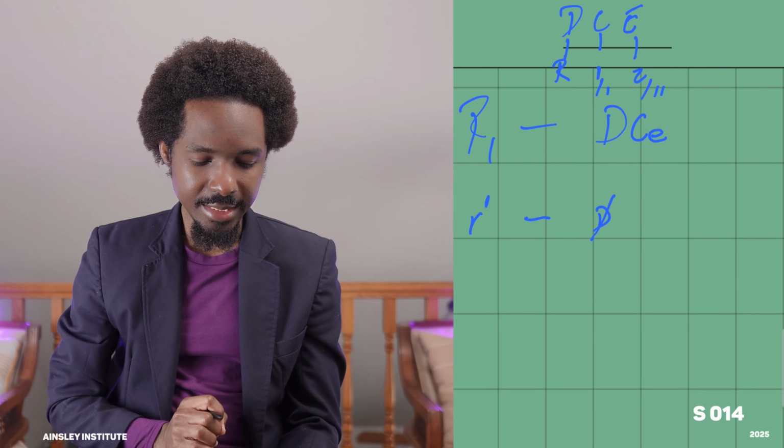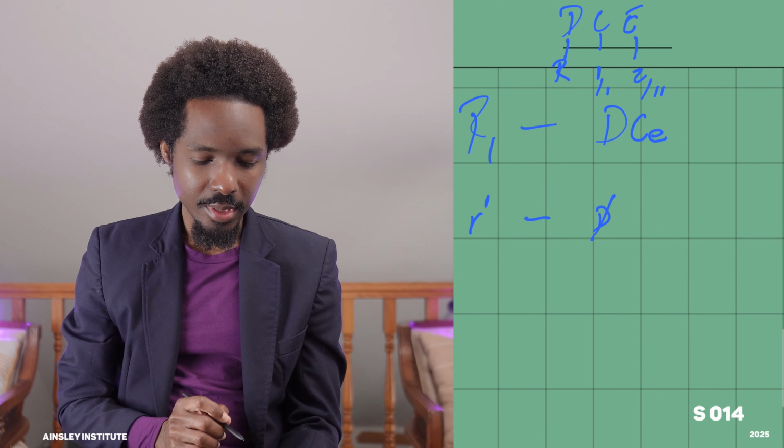So we have lowercase r and we have a prime. All right. So when we have lowercase r and we have a prime, this is telling us that D is not there. So we can't have D in the equation. The prime is indicating that C is there.